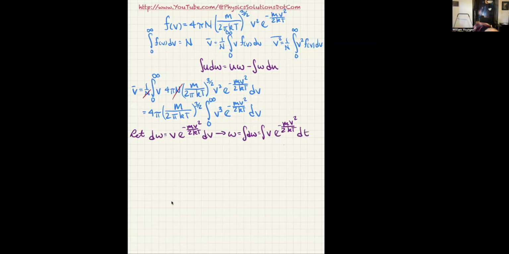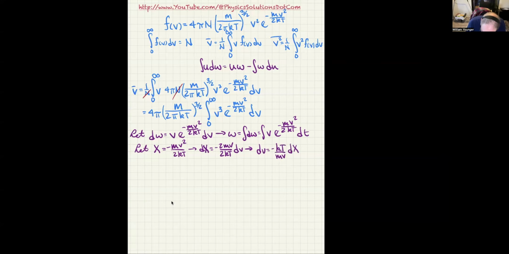This time I'm going to let x equal negative mv squared over 2kT, which implies dx is equal to negative 2mv over 2kT dv, which implies dv is just going to be negative kT over mv times dx.